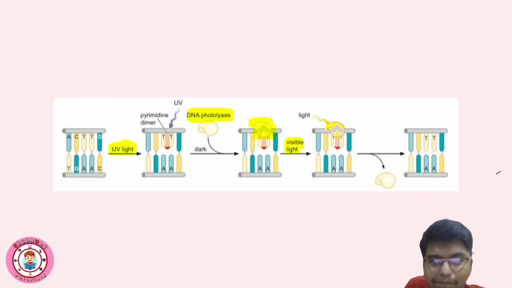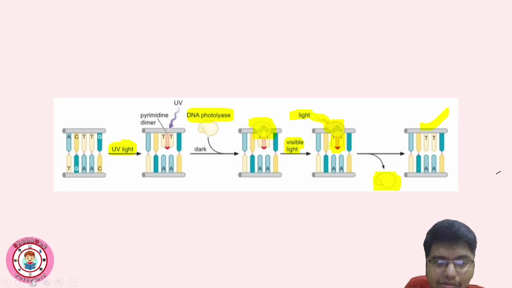We can see here that light has been used to break the covalent bond between the dimers, and after the bond has been broken, the enzyme is released out, and we can see this is repaired.